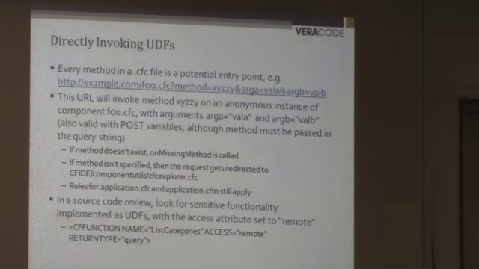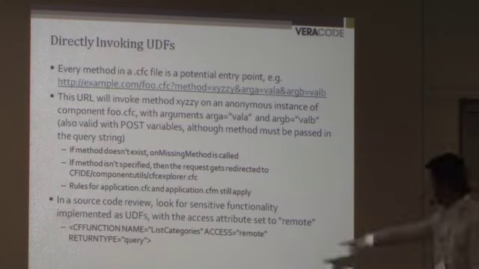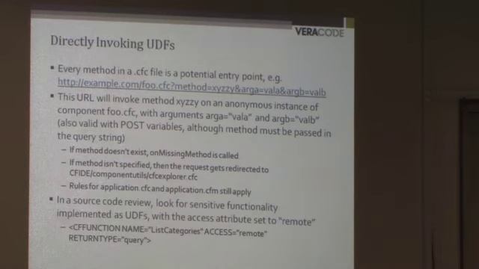We talked about UDFs before, how they're used for web services and for anything that wants to be accessible by other ColdFusion pages. So if you set the access category to remote when you're defining that function, that means that it can be called directly over the URL. You just pass in the method name and the arguments all in the URL.